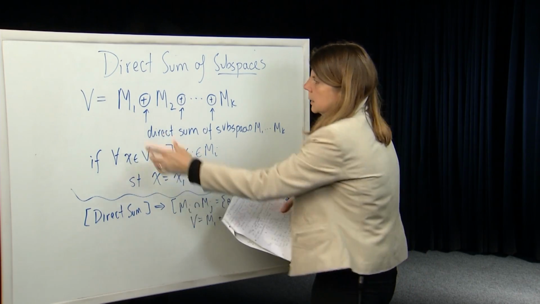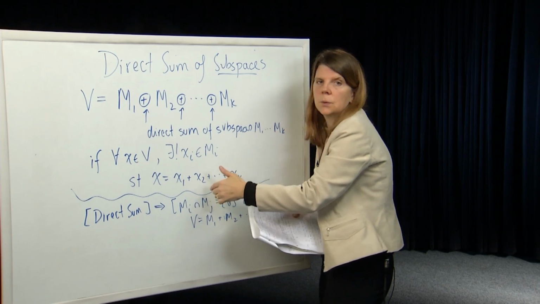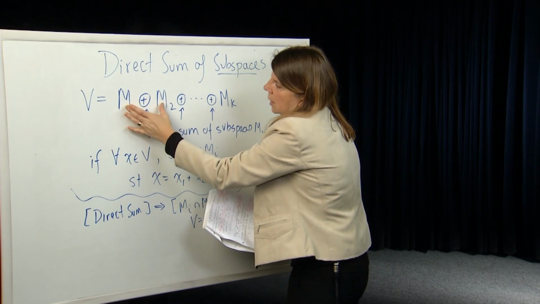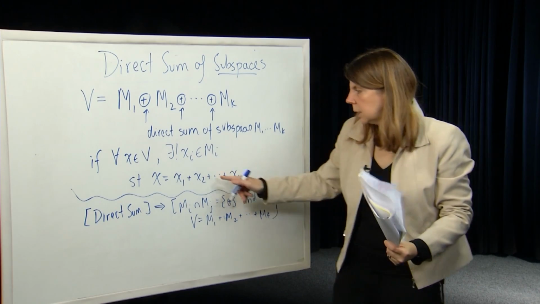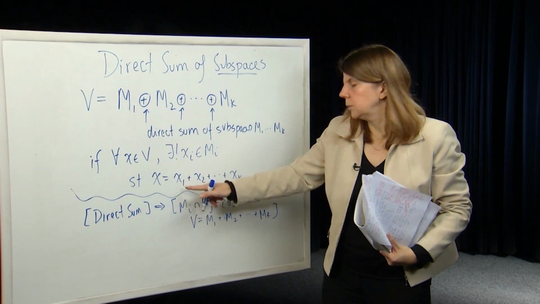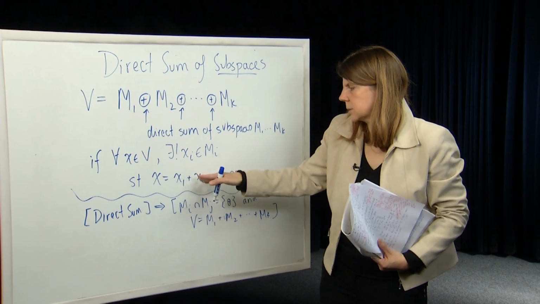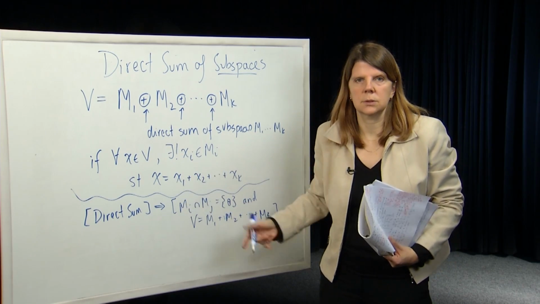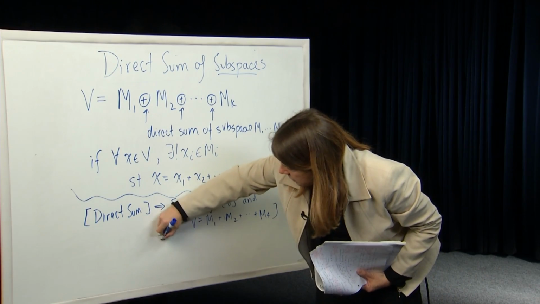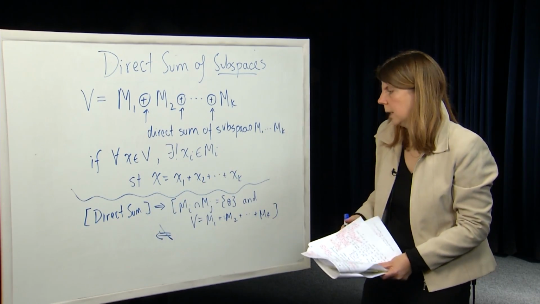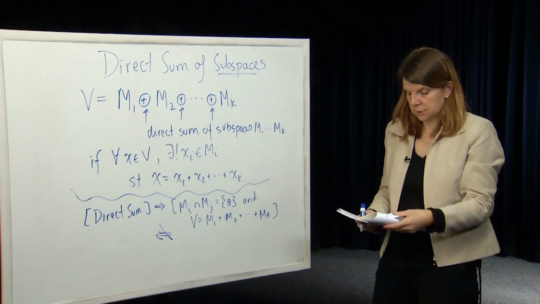So if V is the direct sum of those spaces, by consequence of this definition, you cannot have anything in the intersection of any of those subspaces. If you could, then you wouldn't be able to get a unique decomposition, because you could always choose another decomposition that uses the thing in their intersection, and that's not possible. Interestingly, the converse is not necessarily true. So while direct sum implies these properties, those don't necessarily imply that it's the direct sum.